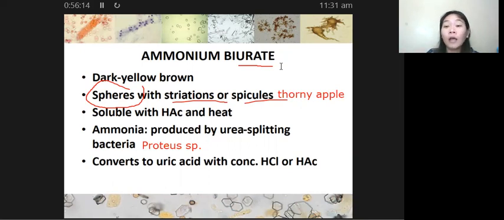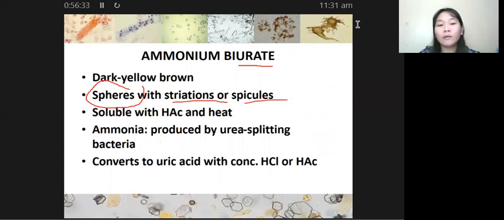Pero common po siya na nagka-crystallize sa ating old specimens. Another characteristic of your ammonium biurate, it can be converted to uric acid with the addition of your concentrated hydrochloric acid or even your acetic acid.